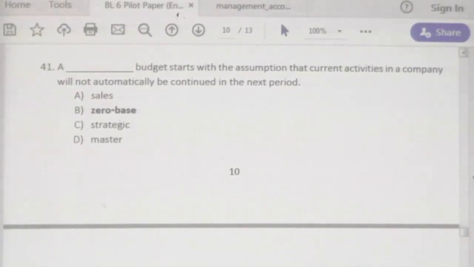What is zero based budget actually? Traditionally, most companies prepare their budget using the recent financial year's or recent financial years' historical data, using trend analysis or different mathematical models, regression and correlation analysis. They take past financial information to develop the next year's budget, right?